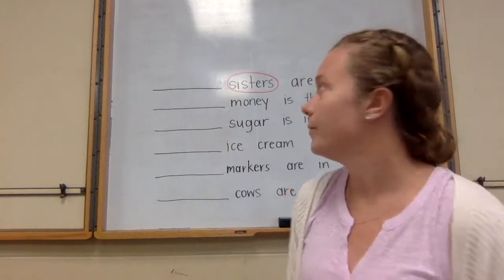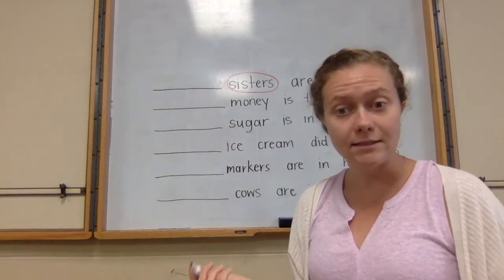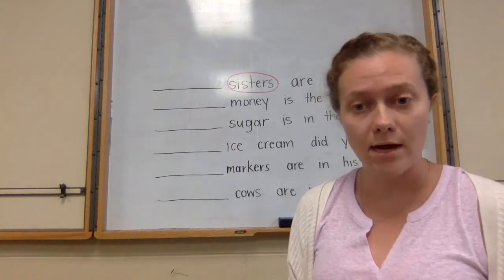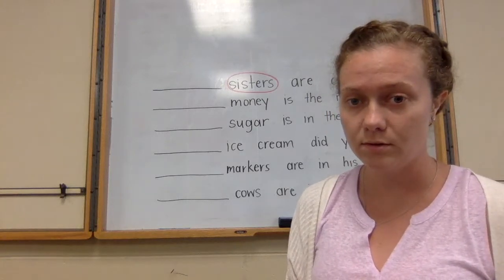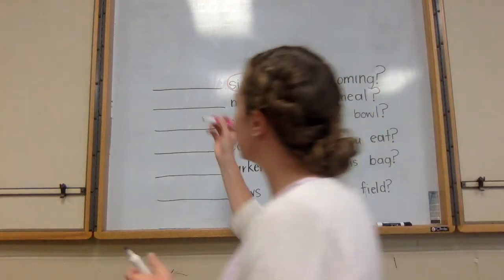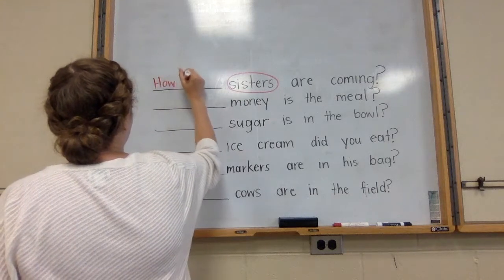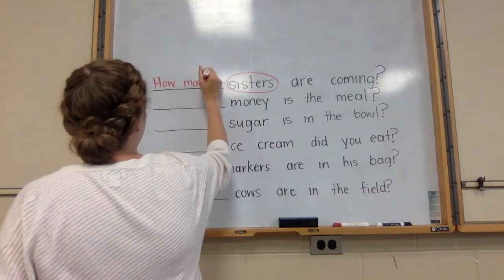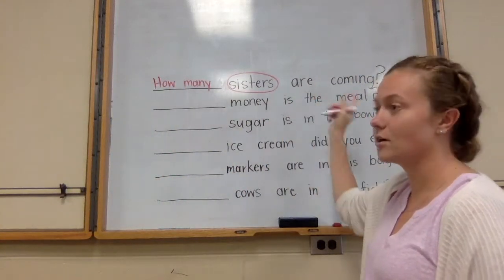So for example, does it make sense to say 2 sisters? Yes, it does. So that means it's a count noun, and who can tell me, do we use how many or how much with count nouns? How many, perfect. So our question is, how many sisters are coming?